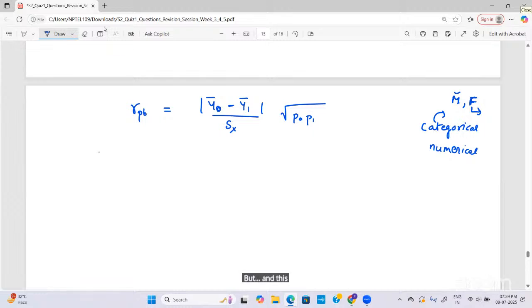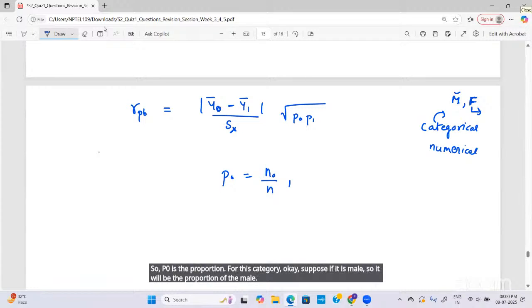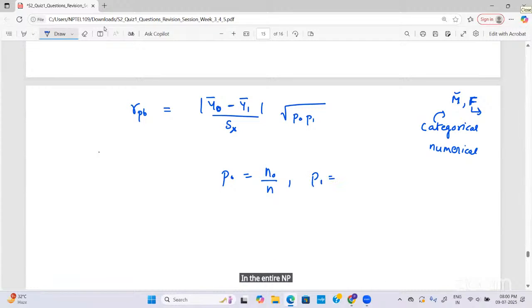And this is the population standard deviation for the numerical variable. You have to take all the values for both the categories and take the standard deviation. Then we have P0 and P1. P0 is the proportion for this category. Suppose if it is male, it will be the proportion of male in the entire data set, and P1 will be N1 divided by N. If P1 is for female, it will be the proportion of female in the entire data set.